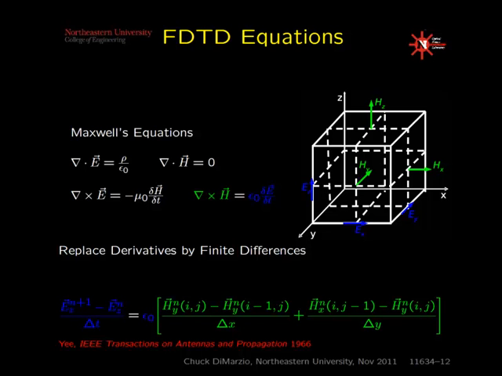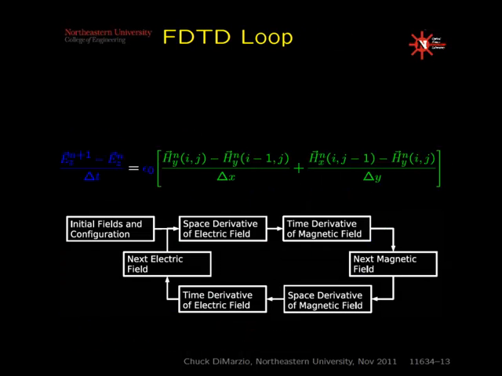We take some space derivatives of h, and that generates a time derivative of e. So if we know what e is now, we can predict what it will be in the next cycle. And then we could replace this equation with the e's and h's swapped, and constants are different, and do the same thing again.